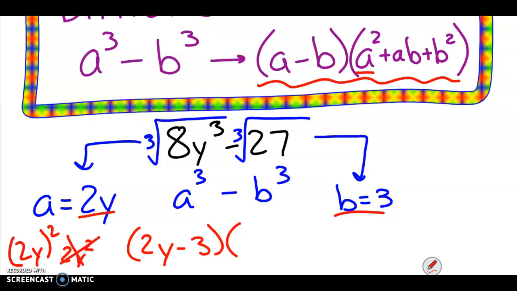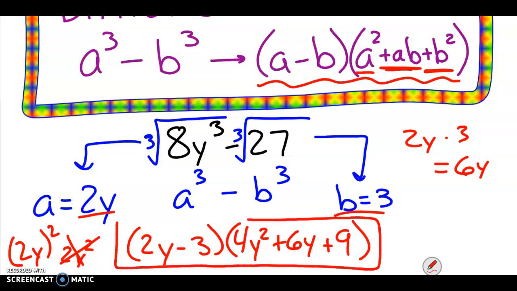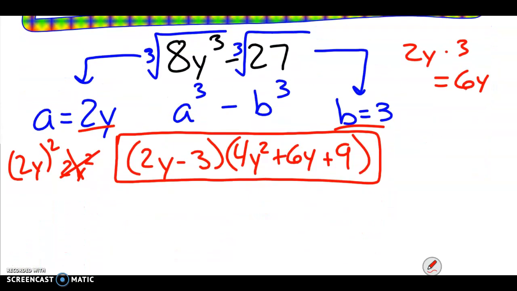So 2y squared is actually 4y squared. 2 times 2 is 4. Y times y is y squared. Plus a times b. So 2y times 3 is going to equal 6y. So 4y squared plus 6y plus b squared. And 3 squared is 9. And that whole piece is going to be your fully factored answer.